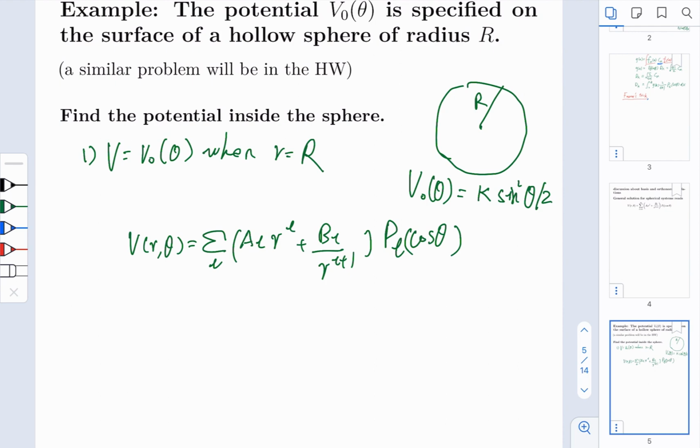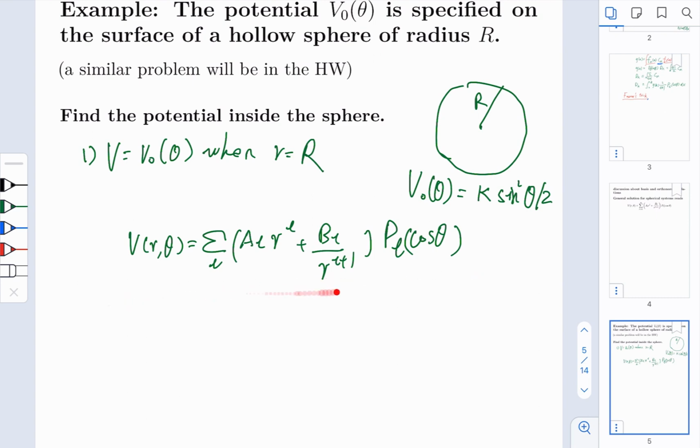Is there any additional boundary condition somewhere? Maybe a way to look at it is to simply look at the expression over here.